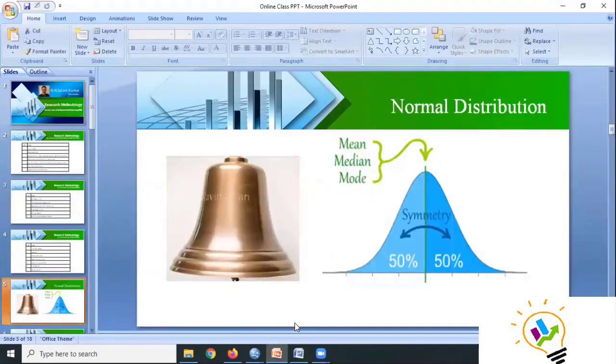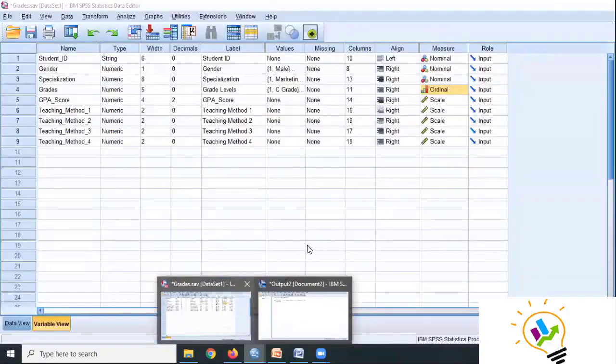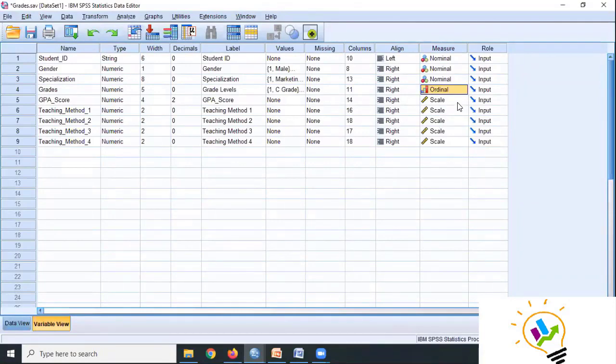Now, once the data is entered, for scale data we need to discuss what a normal distribution is. Scale data, I said, is like marks. We can have marks from 0 to 100. This is scale data. After deciding the measurement type, we need to check whether the data is normally distributed or not.